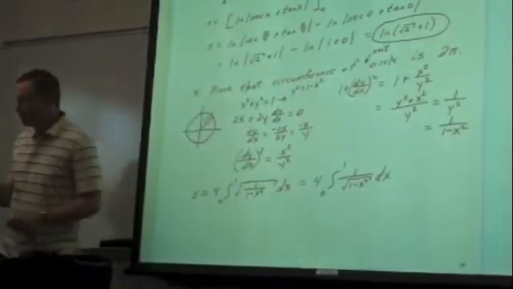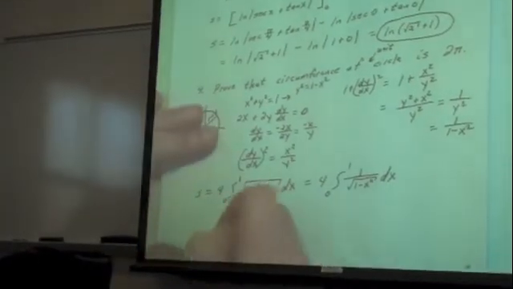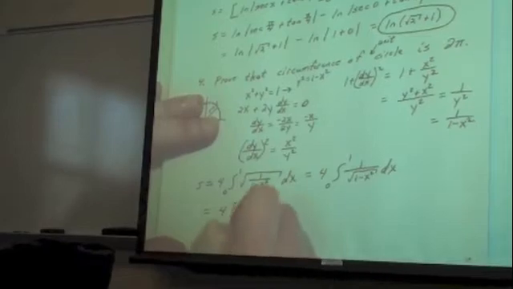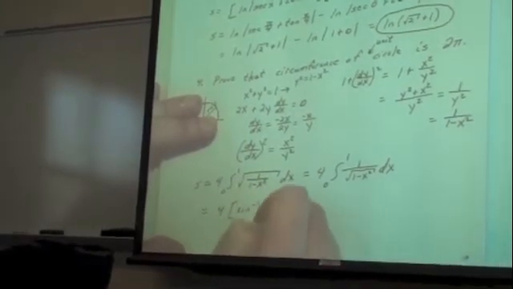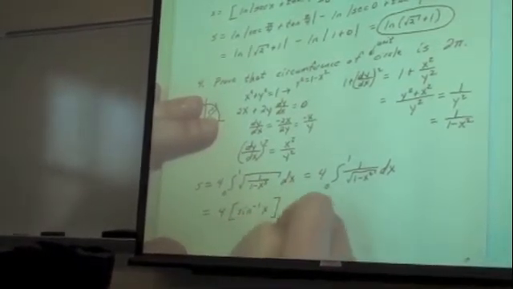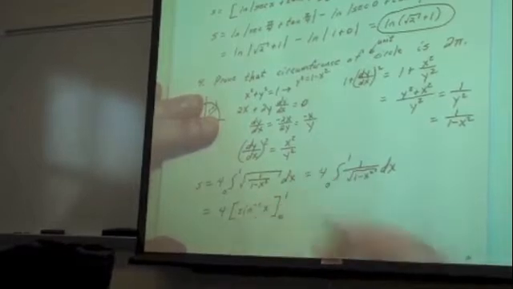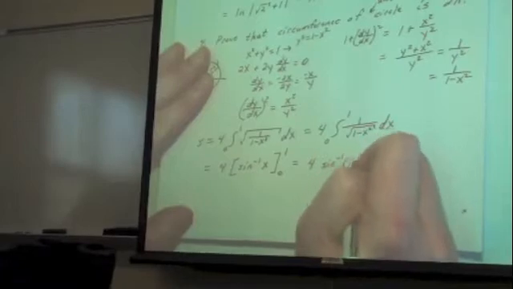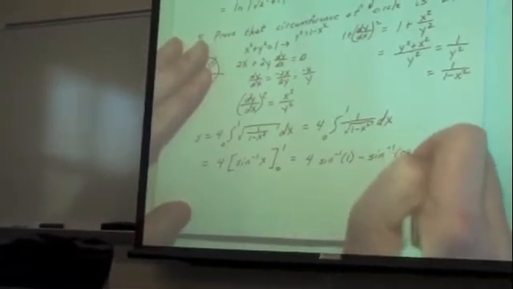Thus, the integral of this function, and so now I can say, well, okay, this is 4 times the inverse sine of 1 minus the inverse sine of 0.